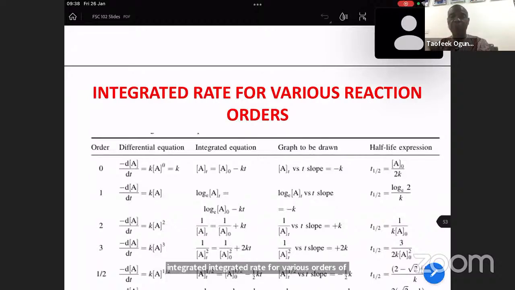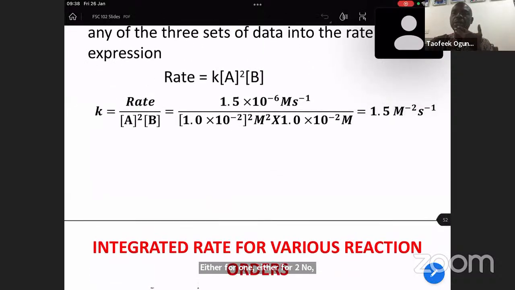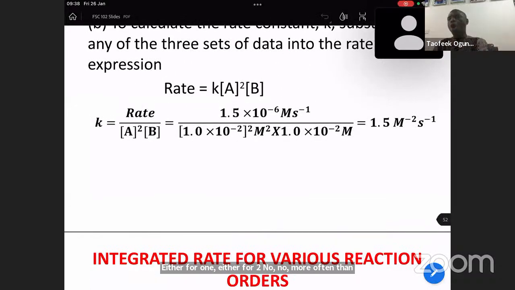Now, in this situation, you're comparing rate and concentration data. You're given rate and concentration data.